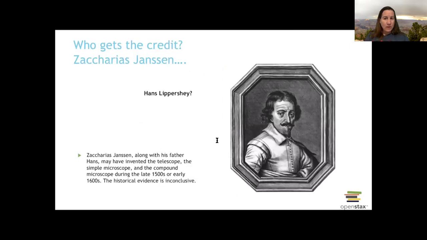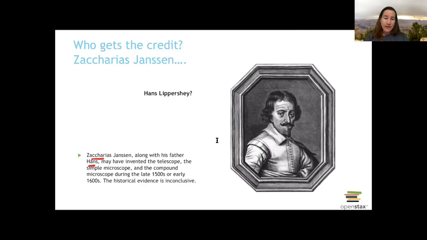It's a little sketchy. We're not quite sure exactly who gets the credit for the microscope back in the days in the 1500s, early 1600s. It could be the Janssens. It was a father and son, Zacharias and Hans, and we don't know a whole bunch about these guys, but we do know that they did mess around with microscopes.